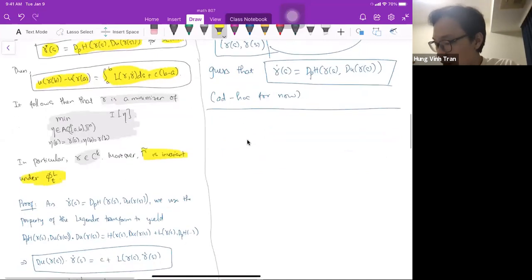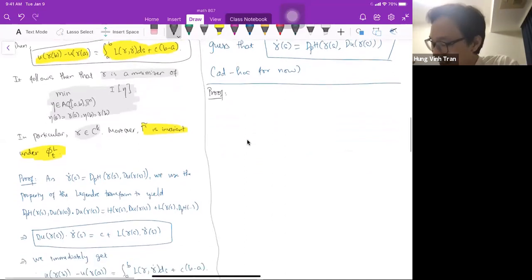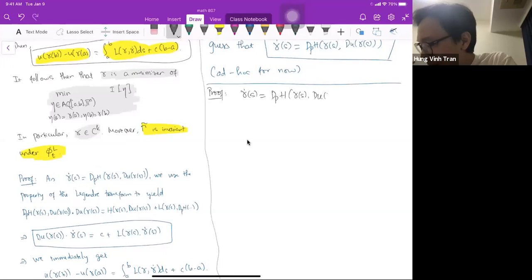Okay, so proof. Again, once we are done with the proof, then we're gonna do some deep discussion here. Why and how? Again, do stop me if I'm making mistakes about notions and I'm confused again. Okay, so recall that we have gamma dot s equals D_pH of gamma s, Du of gamma s.